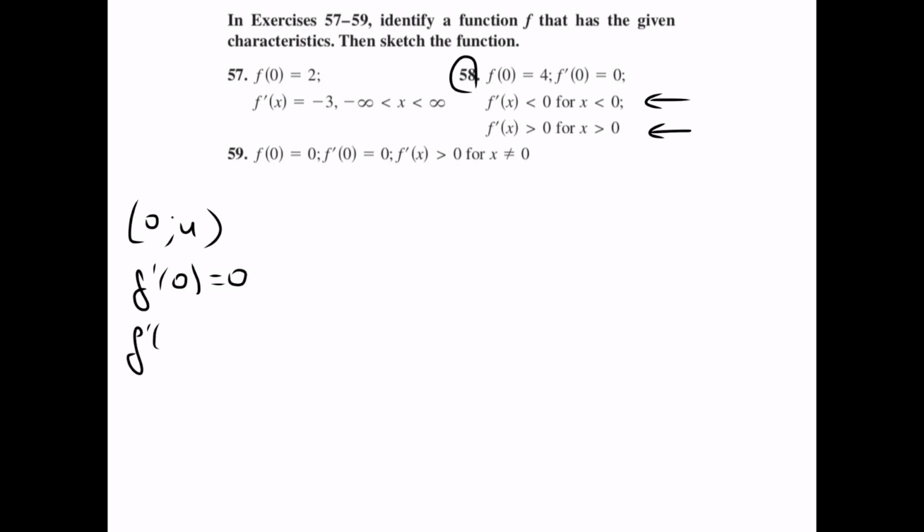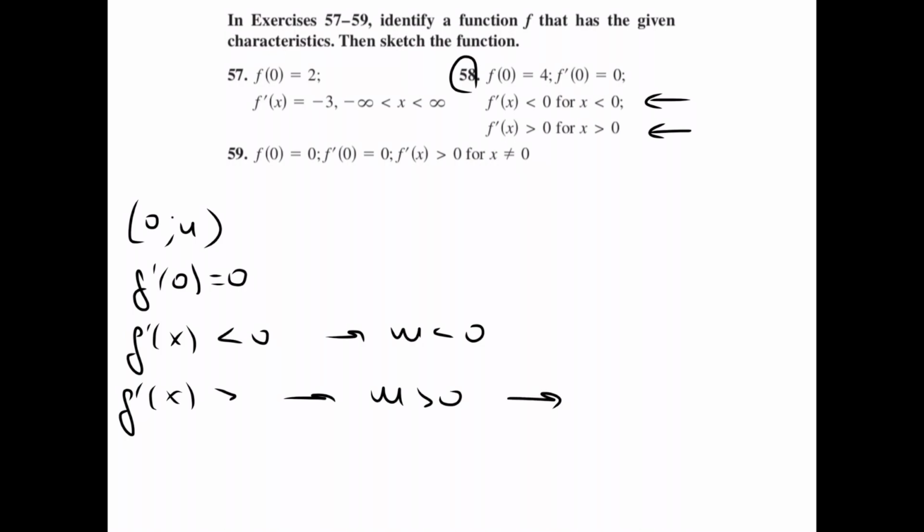Now, f dash of x is negative means that m is negative, and f dash of x is positive means m is positive. If the slope is positive, the function is increasing. So from here I get f of x is increasing. And if the slope is negative, the function is decreasing.